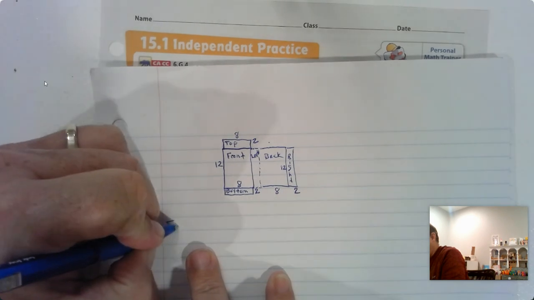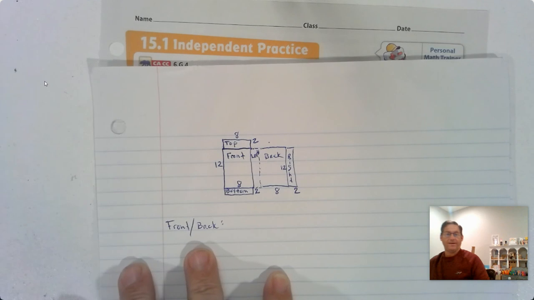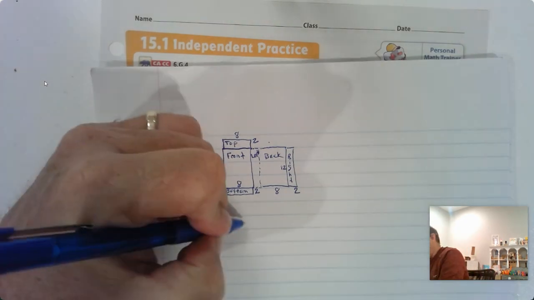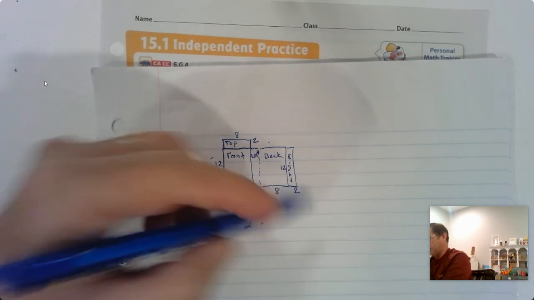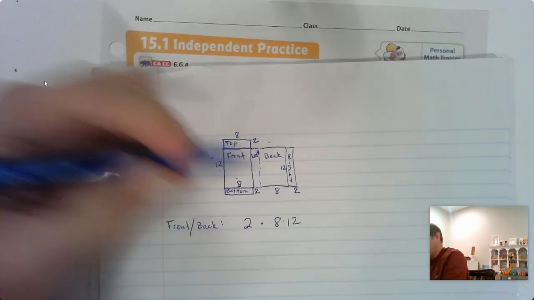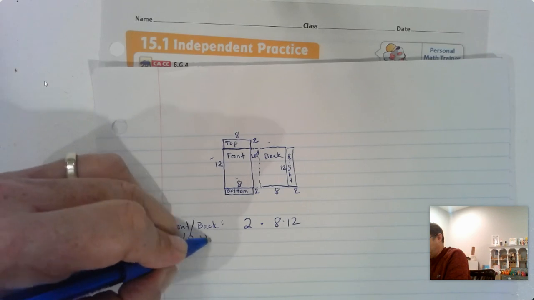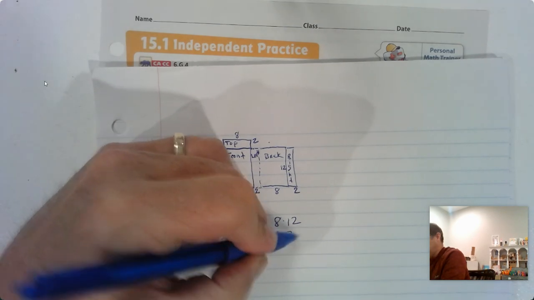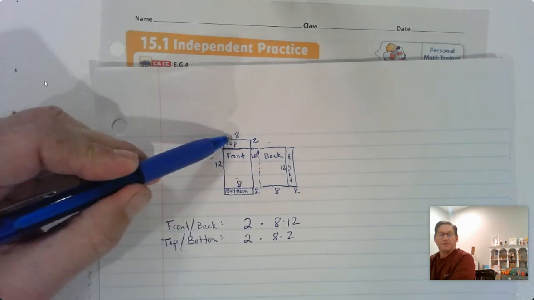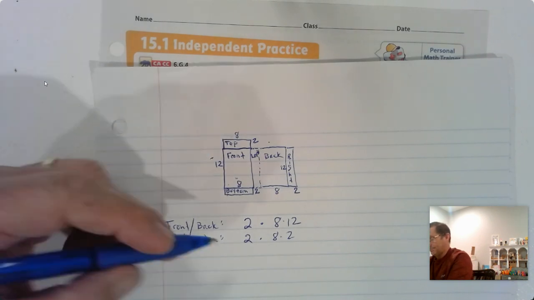So I'm going to say front, back. The dimensions of the front and back is 2 times 8 times 12. The top and bottom is 2 times 8 times 2, because the top and the bottom are exactly the same. So 8 times 2 twice.